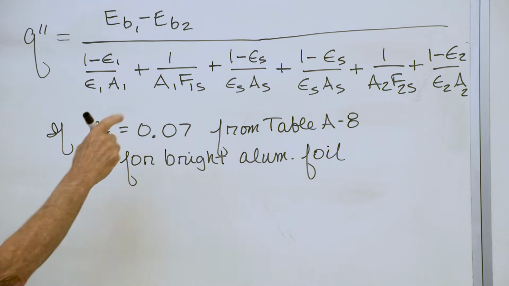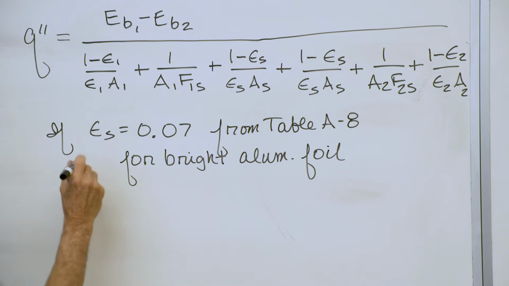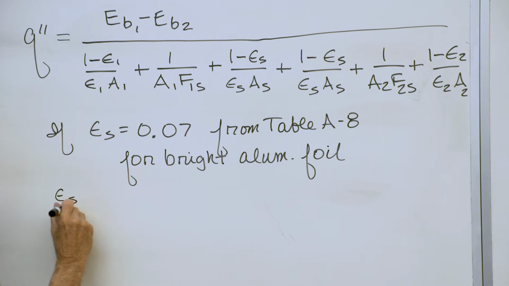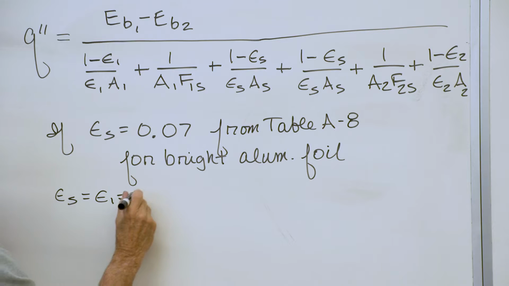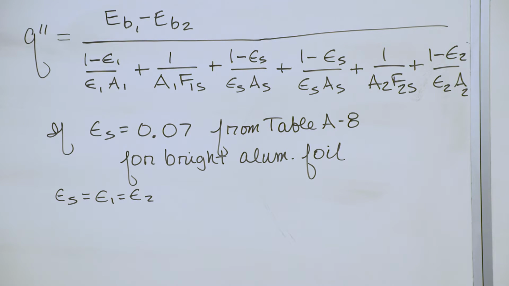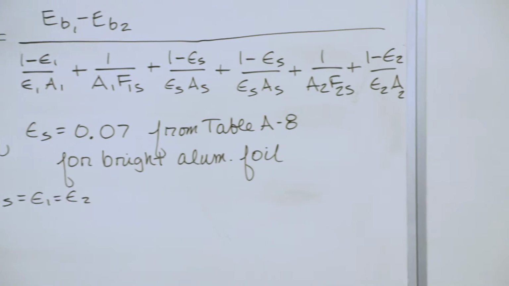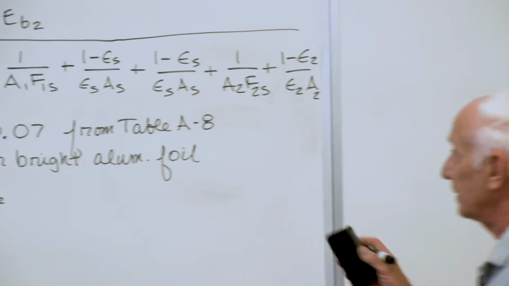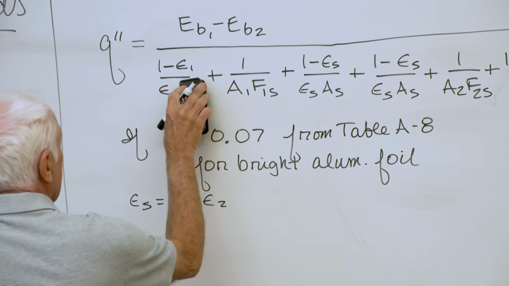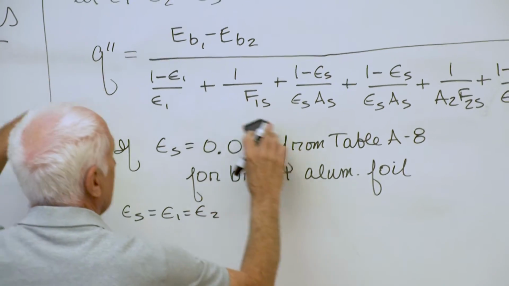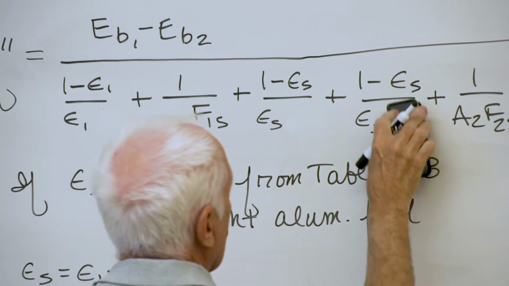So if we put that in there, and of course we're going to let epsilon s equal epsilon 1 equal epsilon 2. If we put those numbers in there, and q double prime, we have to get rid of the area there. So the area comes out of there. I use double prime there, so we don't need the areas.